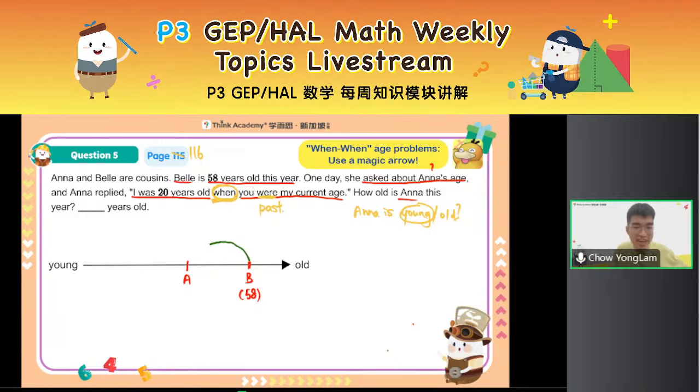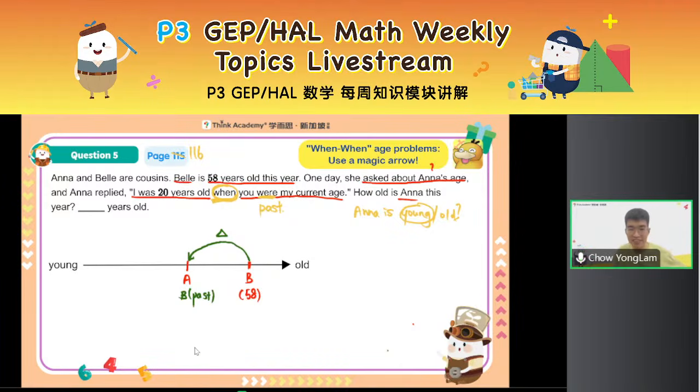Imagine there's a time machine. I travel back in time. For how many years? I don't know. I will label it using a triangle. So triangle years ago, Belle was back to Anna's current age. So this is Belle in the past. You can label here: this was Belle in the past.